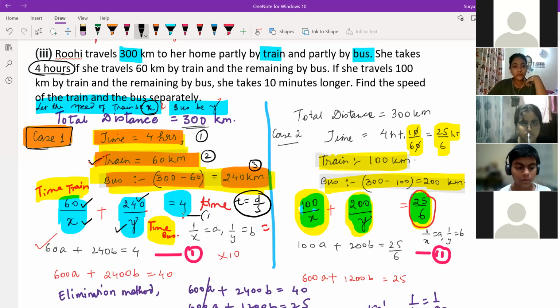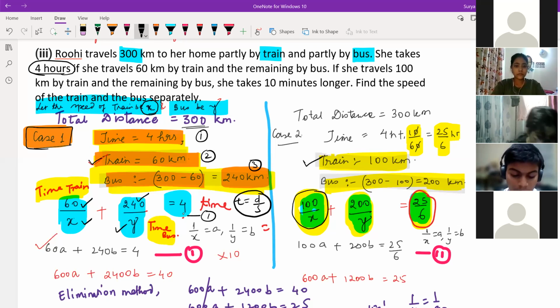So keep this first equation in mind, okay? Second case is if she travels 100 kilometers by train. So 100 by x will come. And if she covers 100 kilometers by train, the bus will obviously be 200 kilometers because the total is 300 kilometers. So this will be 200 by y.